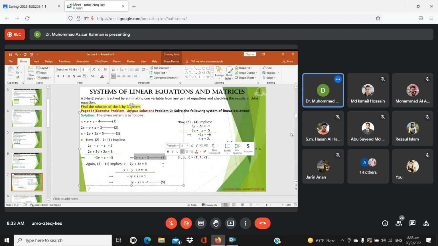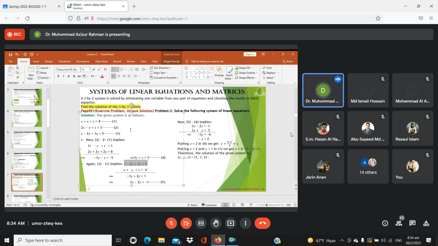Clear? Yes, sir. Okay, this is one. We have another two equations. If we use another set of equations, that means 3 and 1, so let's say this is equation 3: 3x minus 2y plus 3z equals 5.